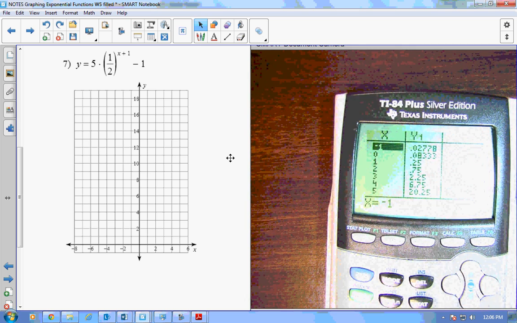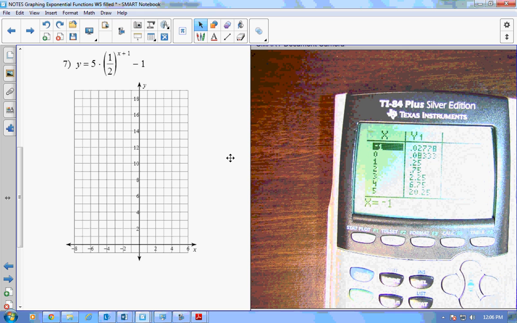Okay, first, Omar, what do I identify first? Growth or decay? What would you say on this one? A growth? Why would you say growth? A 5?